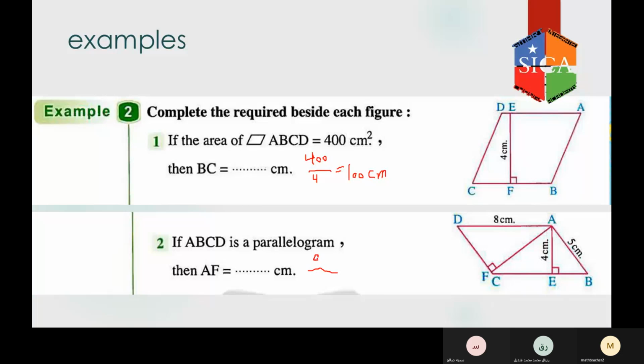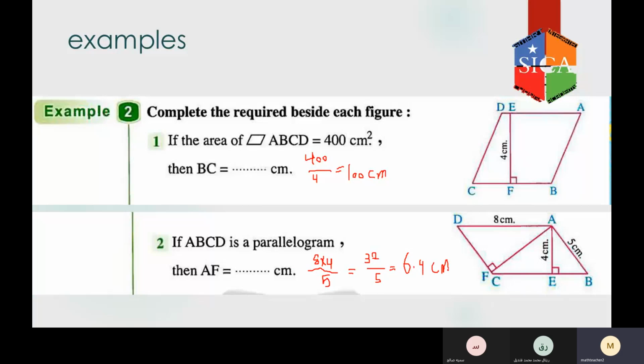Then 8 times 4 equals 32, divided by 5, equals 32 over 5, which equals 6.4 centimeters.